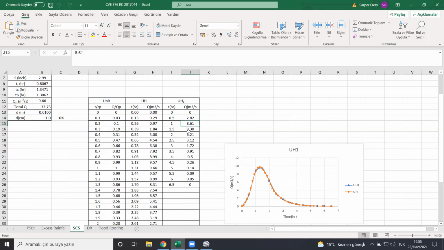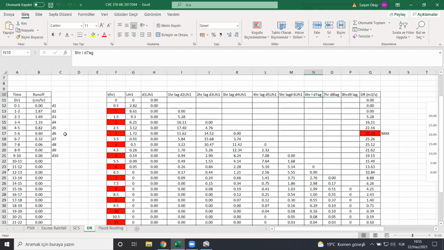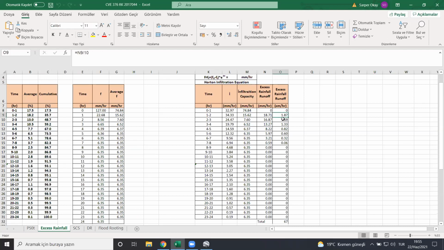So you find your OH values, okay? Once you find your OH values for the unit hydrograph, then you can calculate your direct runoff. How can you calculate your direct runoff? If you remember, you had these excess rainfall values, okay?